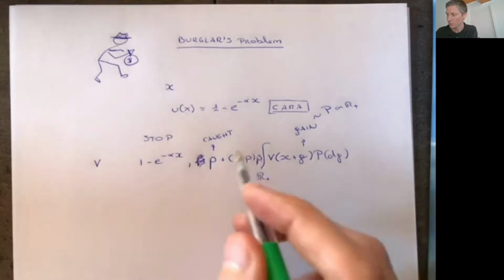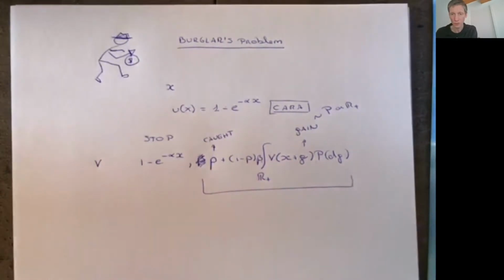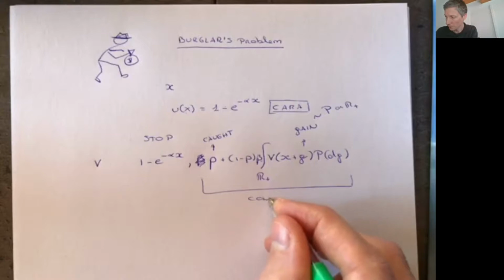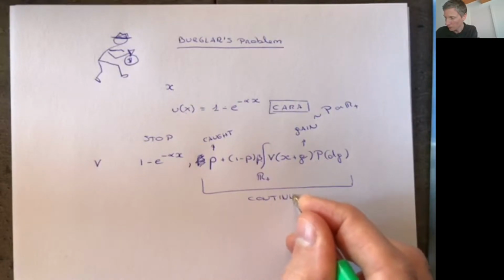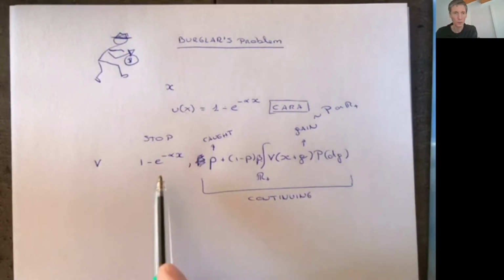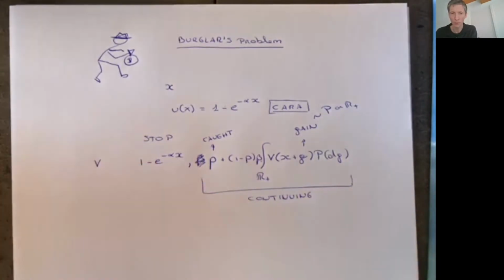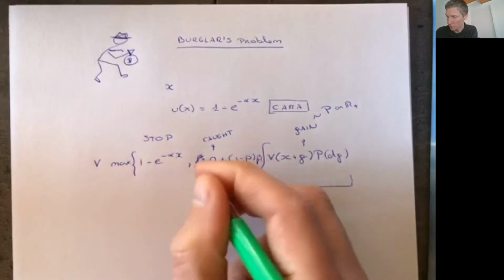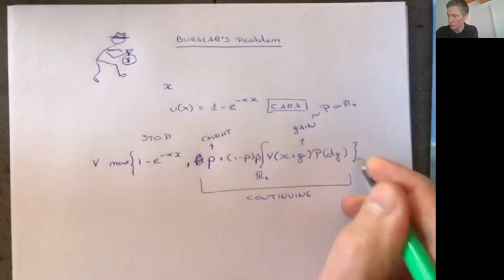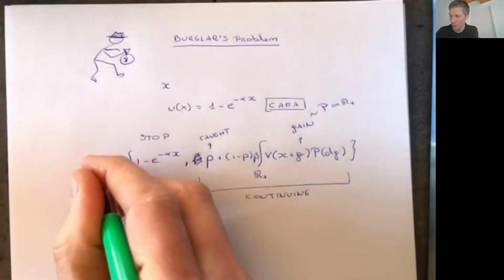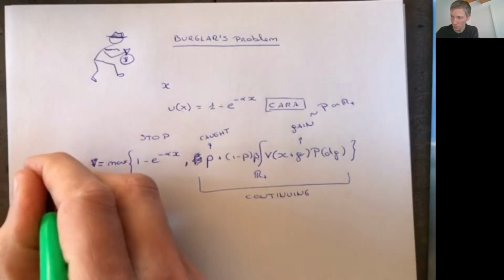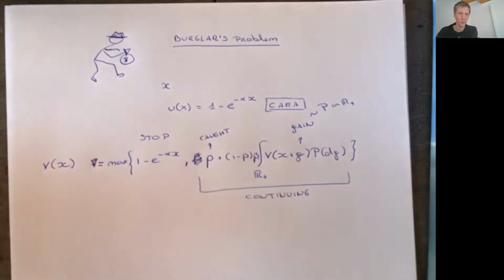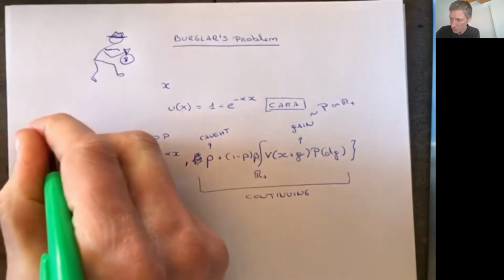So this is the payoff of continuing stealing, and this is the payoff of stopping. Of course, the burglar is smart, so he decides what to do by taking the maximum of these two, and this gives him the value of x today. This is the Bellman equation of the burglars problem.